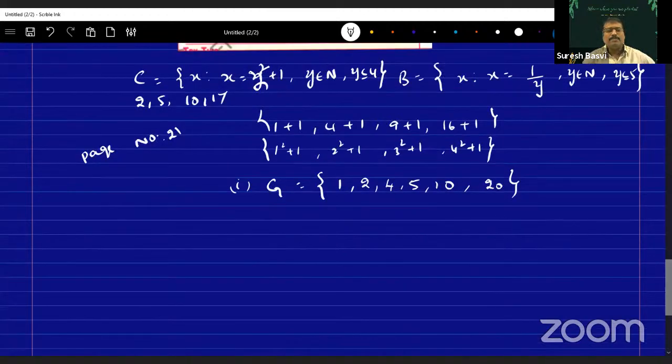So 4 multiples are 4 1 ja 4, 4 2 ja 8, 4 3 ja 12, 4 4 ja 16, 4 5 ja 20.